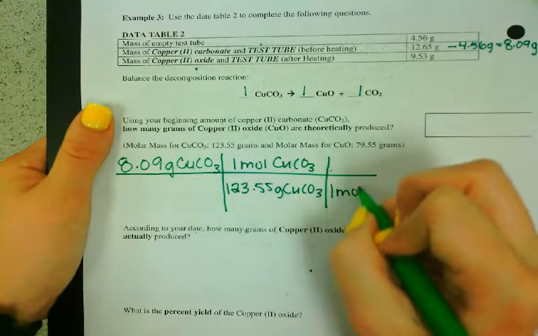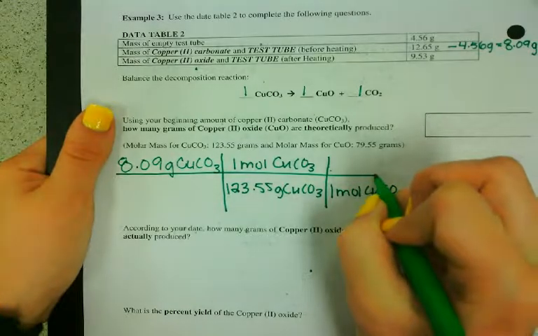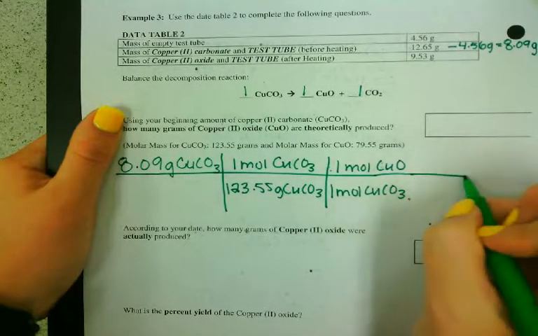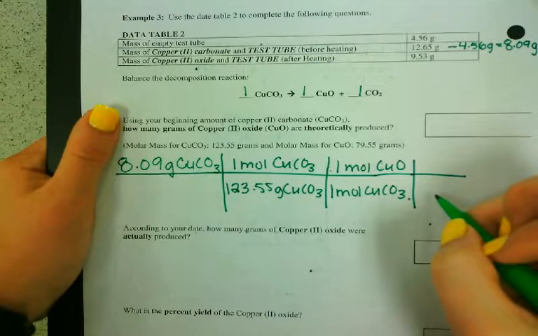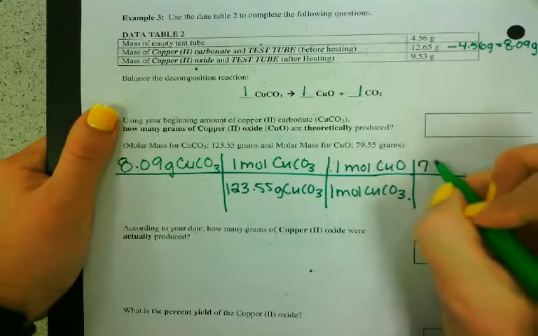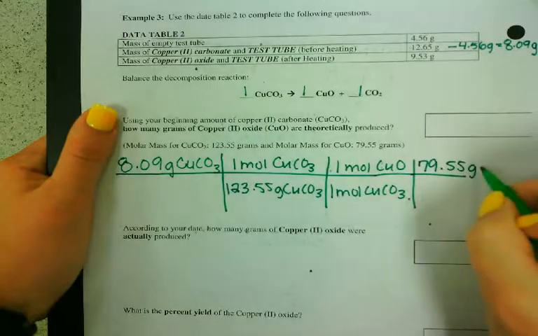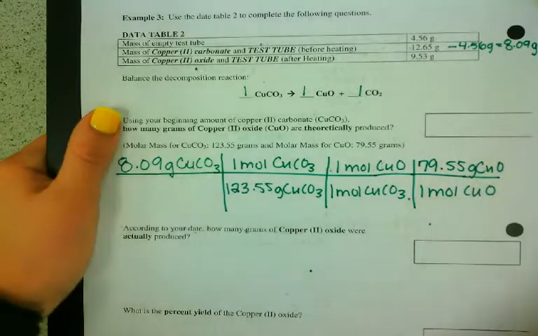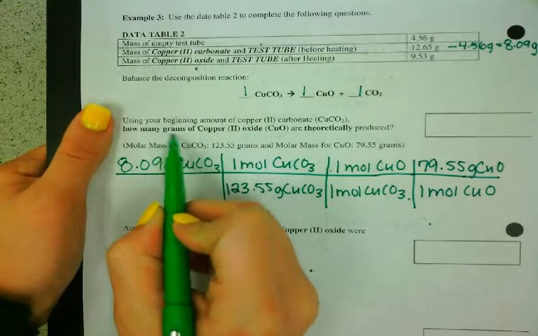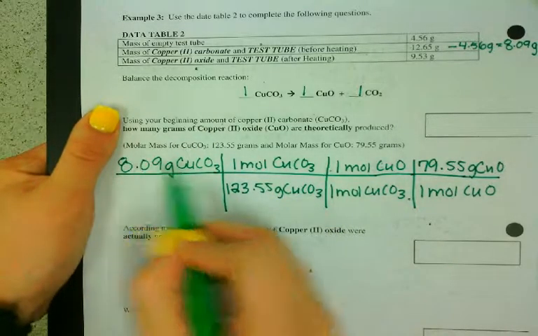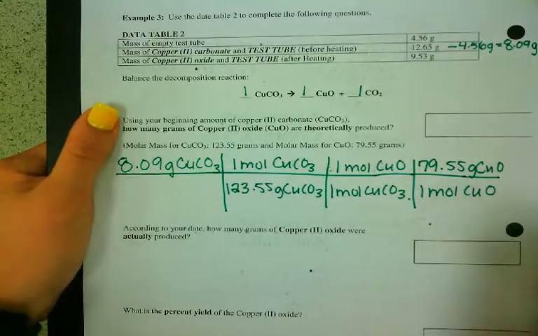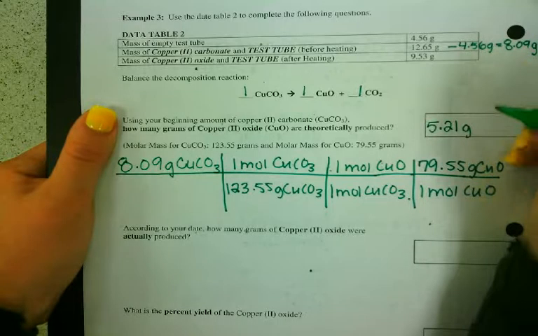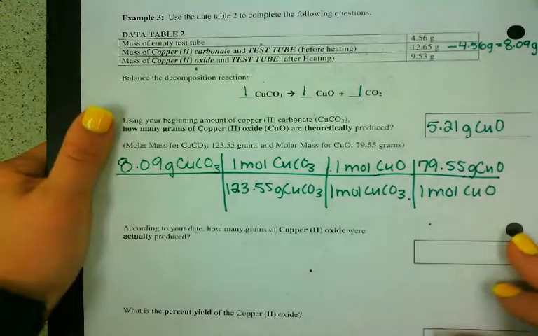So I know for every 1 mole of copper 2 carbonate, there's also 1 mole of copper oxide. Now I need to get to grams of my unknown. So I use the molar mass of copper oxide, which is 79.55 grams of copper oxide for every 1 mole of copper oxide. And now I'm where I need to be. I've gotten what they asked me for, which was grams of copper oxide. So I multiply the top and divide by the bottom. And the answer I got is 5.21 grams of copper oxide.